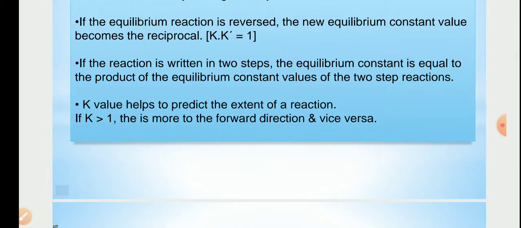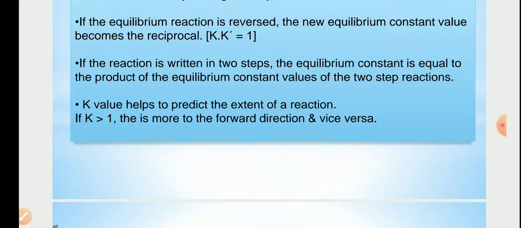If the reaction is written in two steps, the equilibrium constant is equal to the product of the equilibrium constants of the two steps. So if the reaction takes place in two steps, then the overall equilibrium constant will be the multiplication of the equilibrium constant of the first step and the second step.